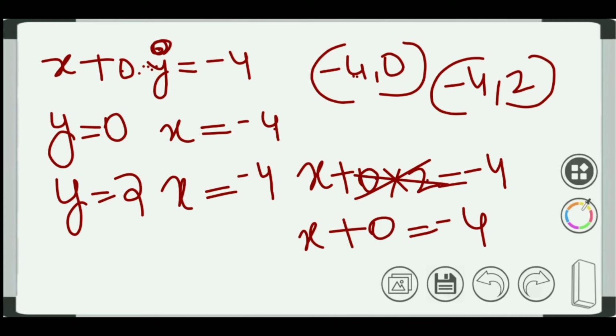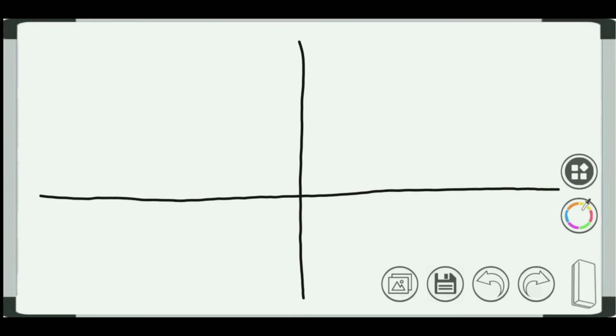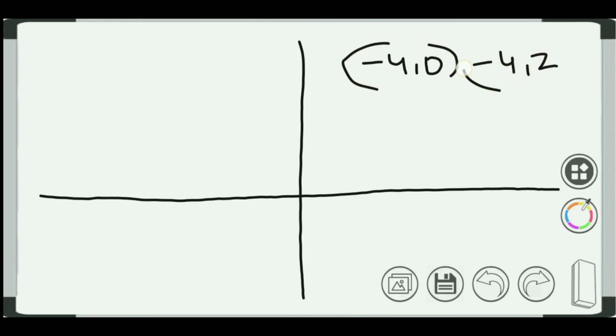Now we'll plot it on the Cartesian plane. So you can draw like this. What were the points? Minus 4, 0 and minus 4, 2.